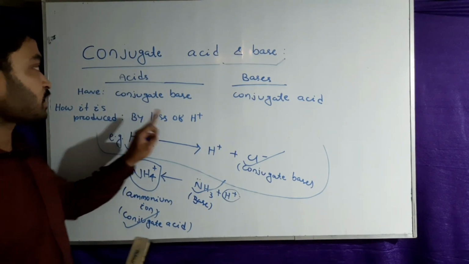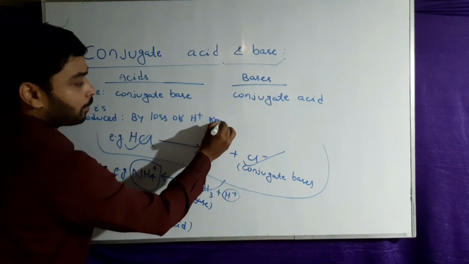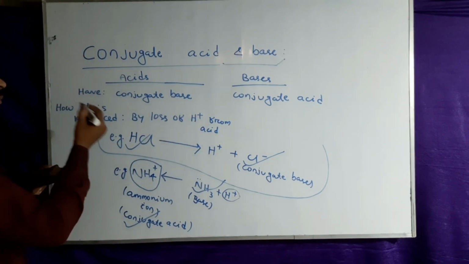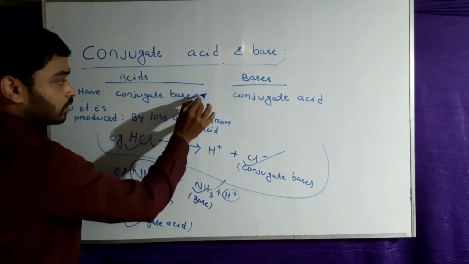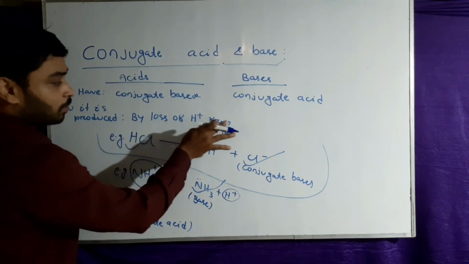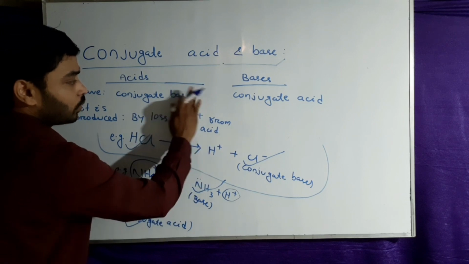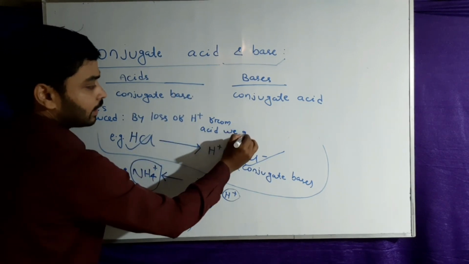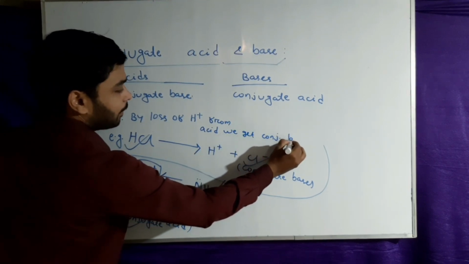So by loss of H plus ion from an acid, we get the conjugate base.